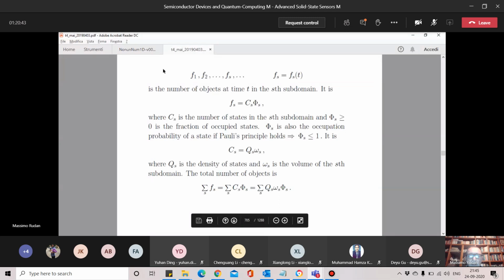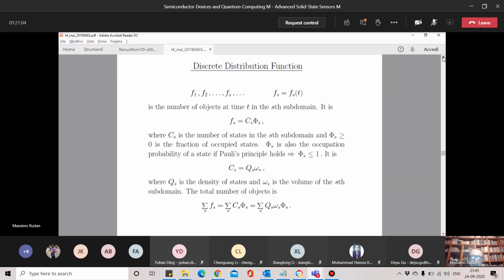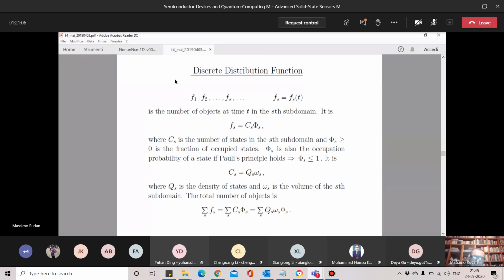And we introduce for the moment a concept that will be specified better later. You remember we already anticipated that when we consider a system made of many particles, it is impossible to describe individually the dynamics of each particle.